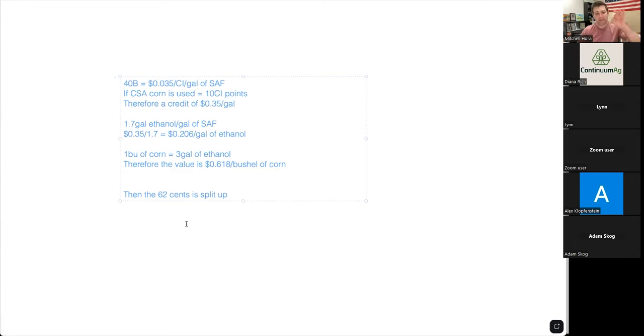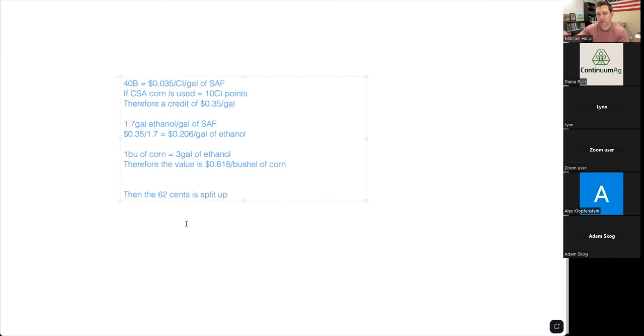But the point being is, here's the actual simplified version of the math for 40B. Also, this is the math for sustainable aviation fuel with 45Z. They get $1.75. And actually with 40B, there might be a little bit more because there's a cliff payment, meaning that if you qualify for 40B, you start with a tax credit of $1.25 per gallon of sustainable aviation fuel.